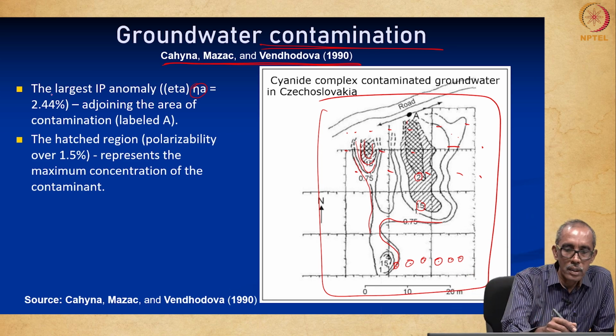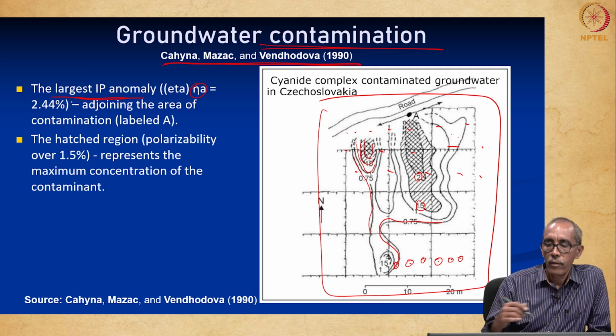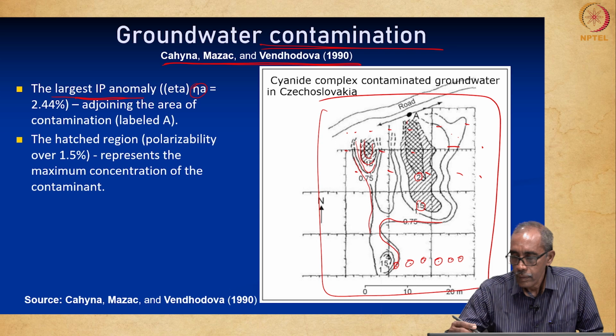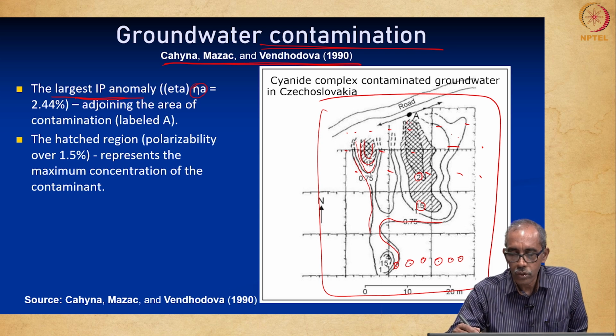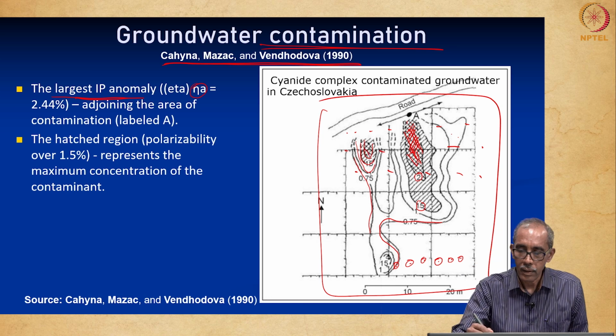The one which has the largest IP anomaly, with a percentage of around 2.5, is very close to this, right, that is this area, very high chargeability. Similarly, here I am just coloring it in red now.